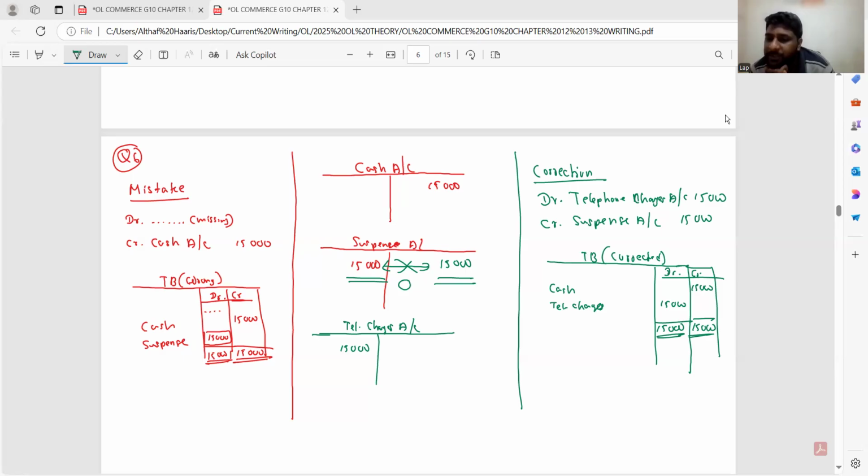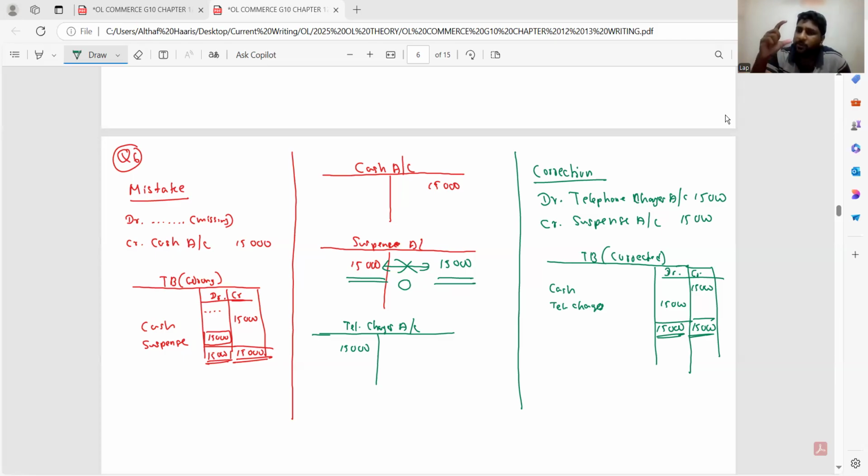There are two missing links. Not necessarily, Zakir. If there are two entries missing, you can record the two missing entries separately.